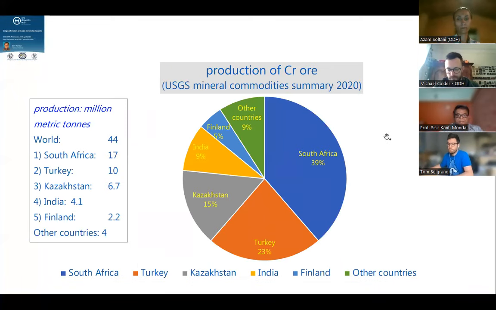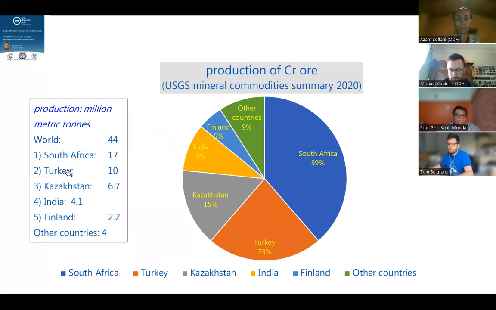This is the production data of chromium resources based on USGS mineral commodities 2020. And these productions are in terms of million metric tons. Here we can see that India was producing 4.1 million metric tons, whereas South Africa was producing 17 million metric tons.